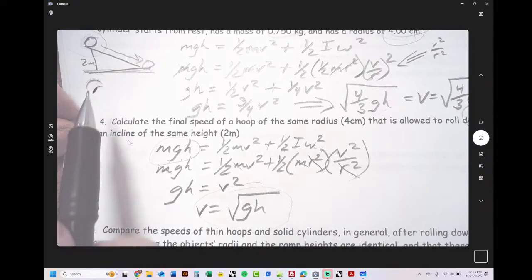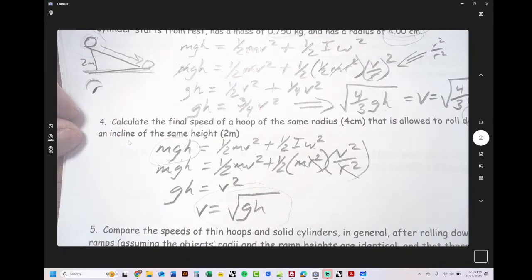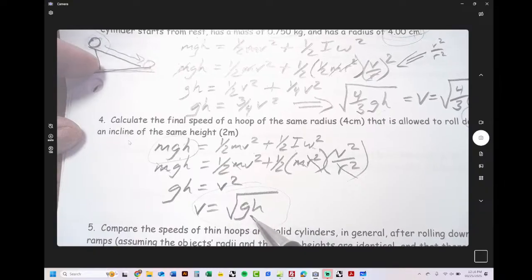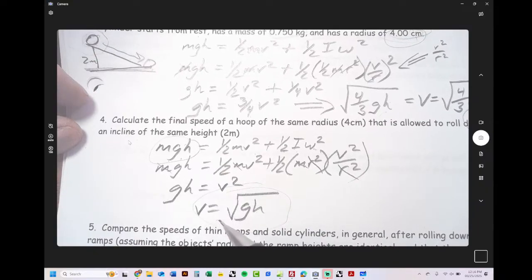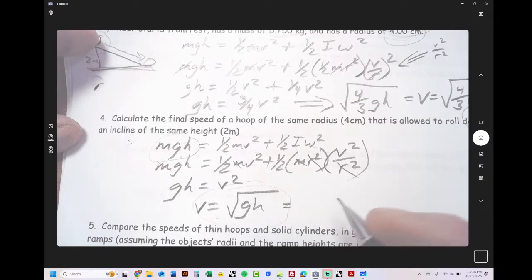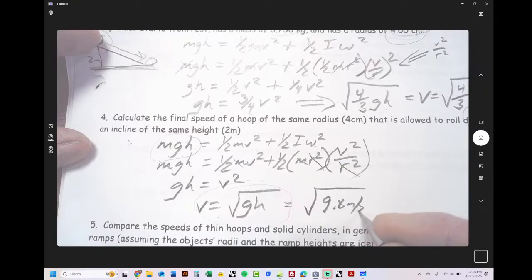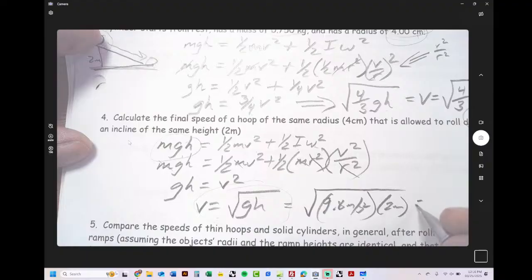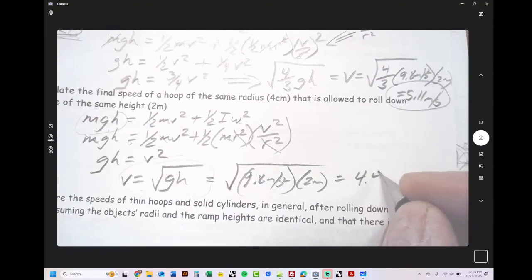If you drop something from a 2-meter height, when it gets to the ground, how many GH is it going? Yeah, so this would be v equals the square root of 2gh. So that's quite a bit faster than for the hoop. So the hoop is the square root of 9.8, and in this case times 2 meters, and that comes out to 4.43 meters per second.